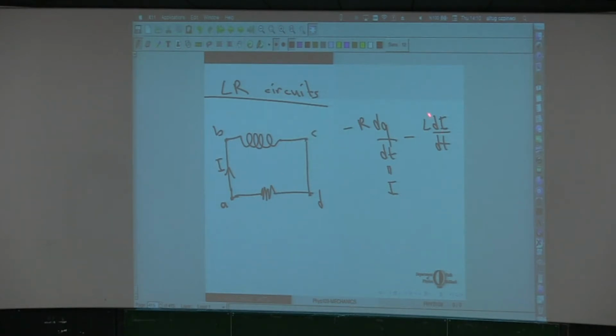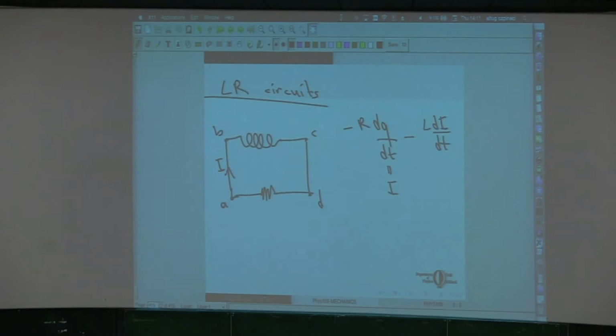But if the current is decreasing, the inductor will try to keep the current at its value, so it will try to push the current in its current direction. So it will be doing some work on my charge as it goes through my inductor.